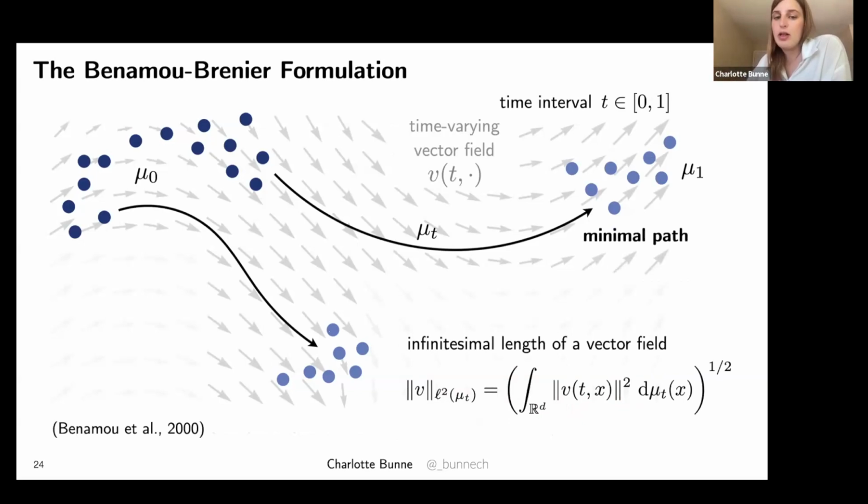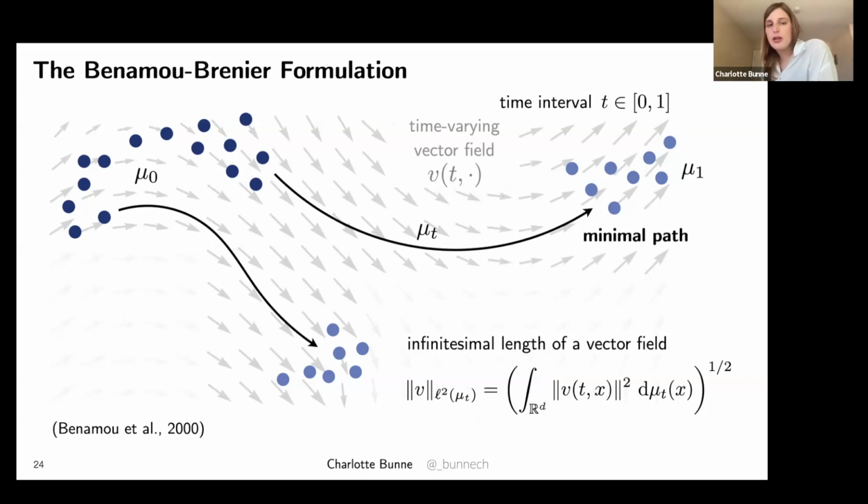Before this was via the cost function. Now I'm looking for the shortest path, here described via the length of the vector field. So I want to look for my path in space that corresponds to the minimum path, given the time variable, a parameterization of my time varying vector field, as well as my start and endpoints, mu0 and mu1.